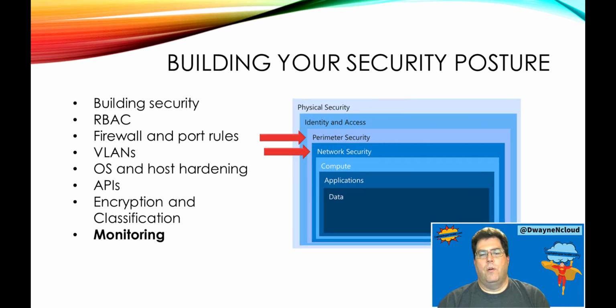And as we do every week, we go through and remind everybody about the security posture. We're looking at the perimeter network security piece, both with the web application firewall and the application gateway. We're providing that perimeter security, and the application security groups provide a level of networking security as well.